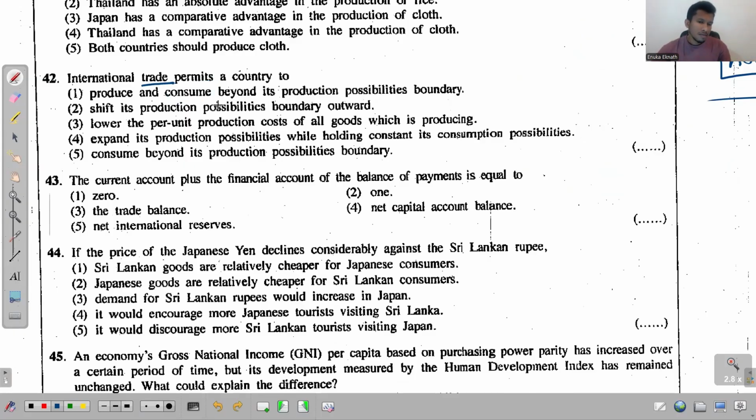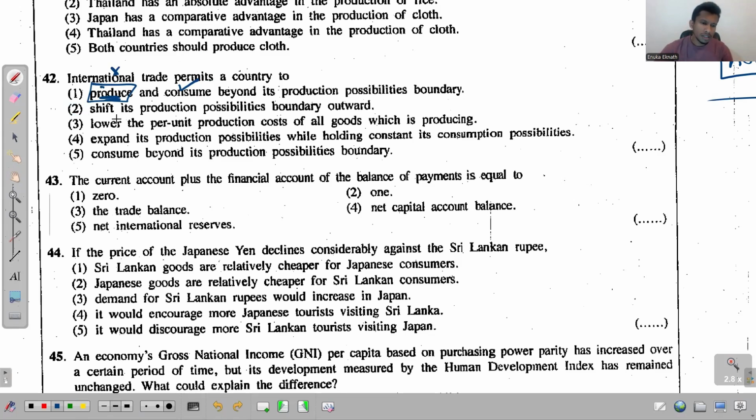produce. That's true. But the problem is with this part of the sentence. This is not 100% certain. Just because the country gets into international trade, it doesn't always ensure that they can produce beyond their PPC. So this part is correct, but this part is wrong.